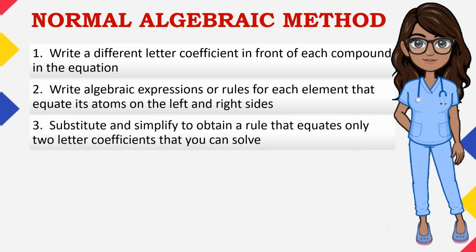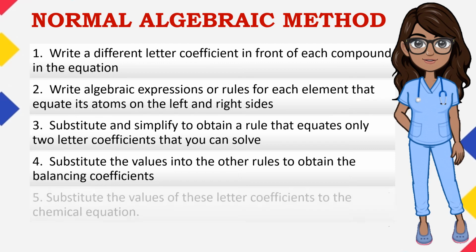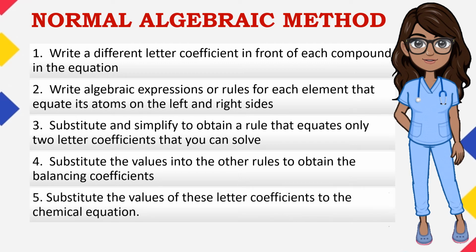Step 3: substitute and simplify to obtain a rule that equates only 2 letter coefficients that you can solve. Step 4: substitute the values into the other rules to obtain the balancing coefficients. Step 5: substitute the values of these letter coefficients into the chemical equation.